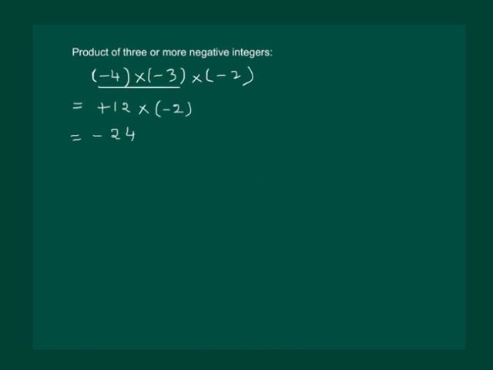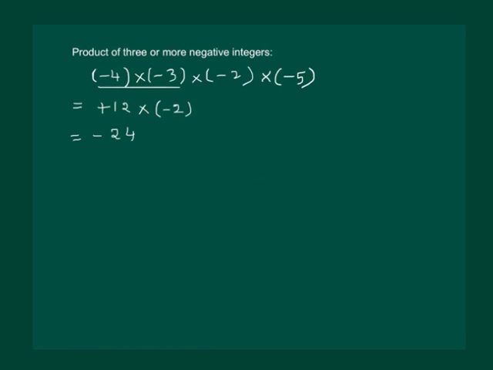You must have noticed that firstly we applied the rule for multiplication of two negative integers, and then while multiplying plus 12 and minus 2, we applied the rule for multiplication of a positive and a negative integer. Let us check out what will happen if we had 4 negative integers.